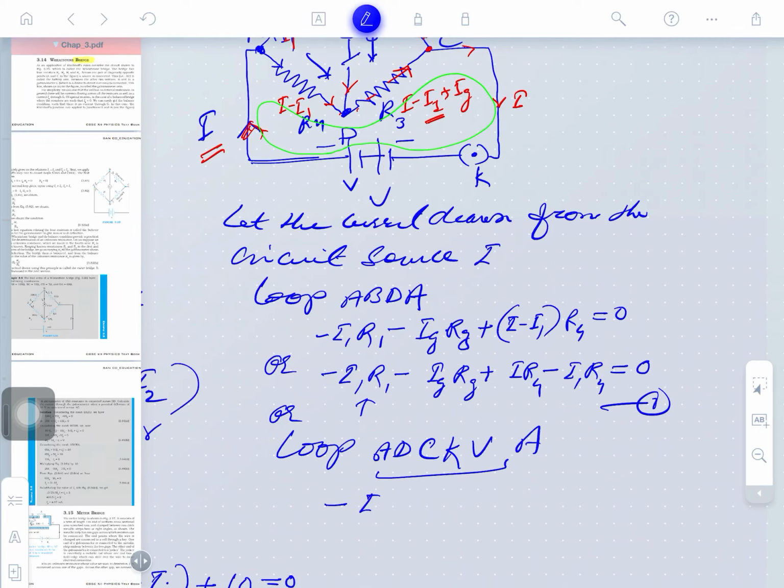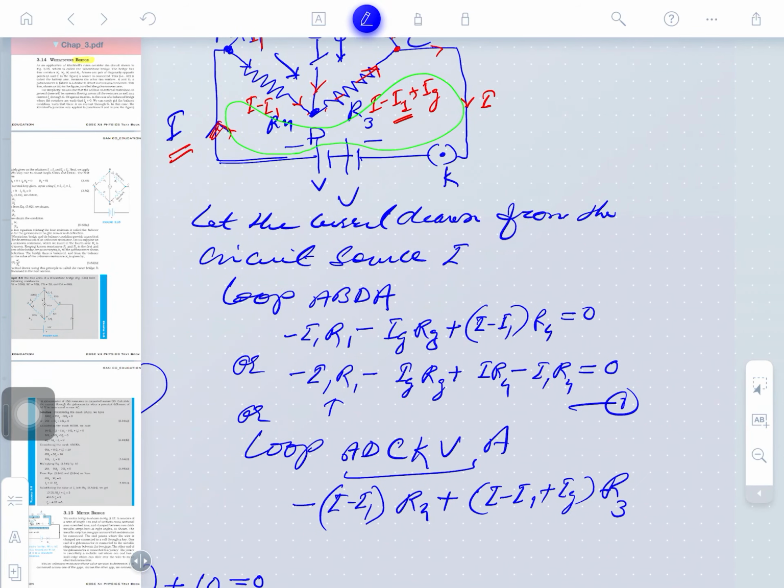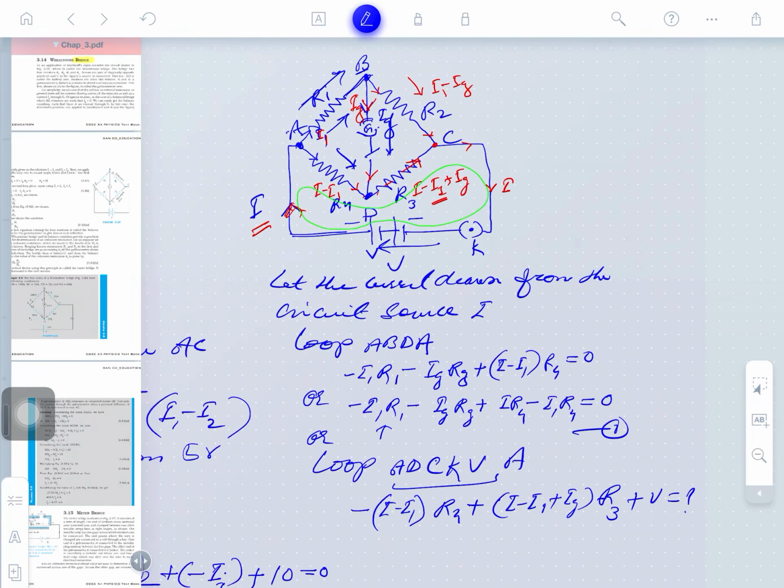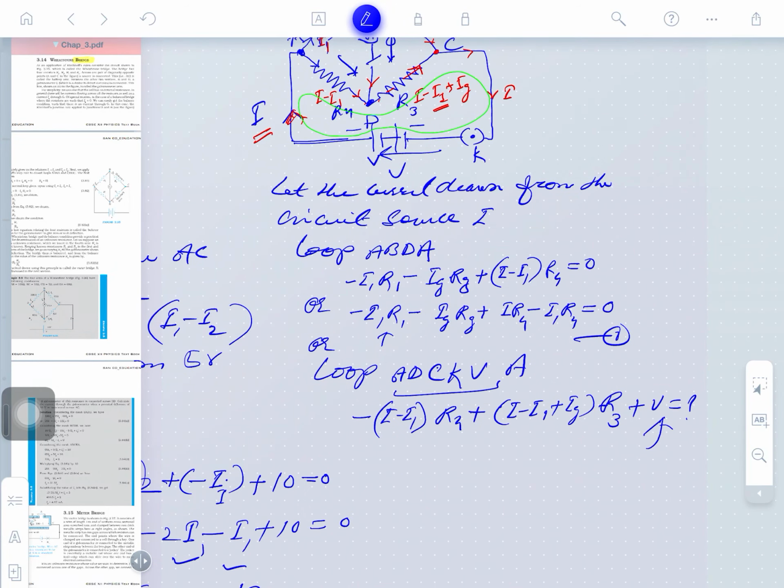In the direction of current, I minus I1 multiplied by R4, plus R3 times I minus I1 plus Ig, and we are traveling from negative to positive terminal, so V is to be taken here. The V is not given here, so it will not come into use. Another loop can be taken here.